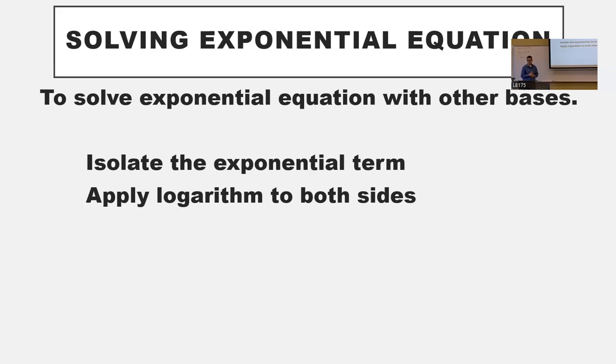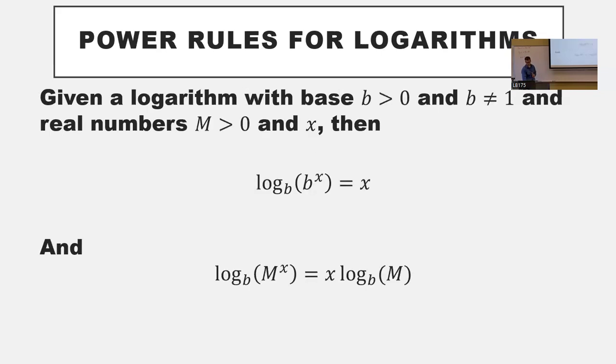You get that? Okay, it's this rule: log base b of b to the x is equal to x. So if I apply log base b to b to the x, I can just get an x.